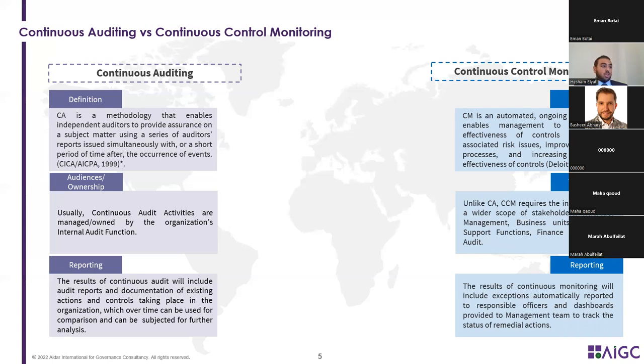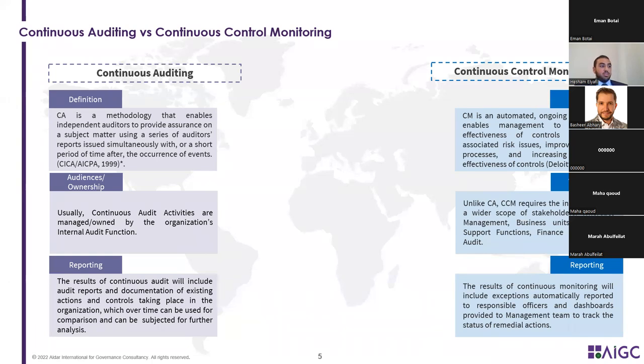Unlike continuous auditing, the people involved in CCM include a wider scope of stakeholders. We can see management involved, the finance function involved, and support functions, whether risk management, compliance, or even internal audit, are all involved when it comes to CCM.